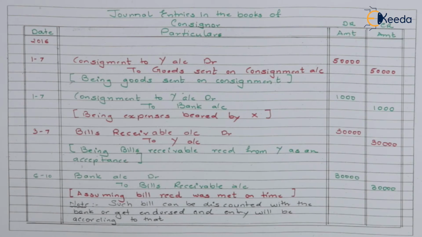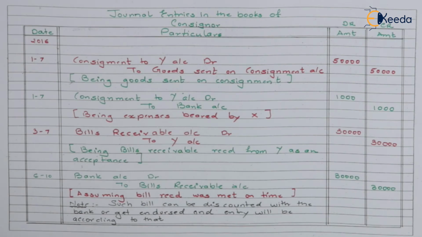When the bill has matured and is kept with us, the regular entry is: bank account debit to bills receivable account. This entry has been passed on the assumption that the bill has been met and the amount of 30,000 rupees has been received.